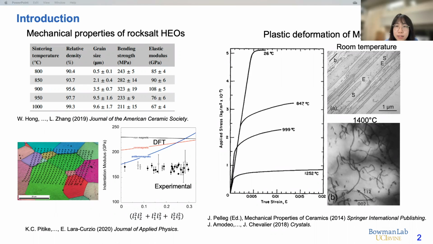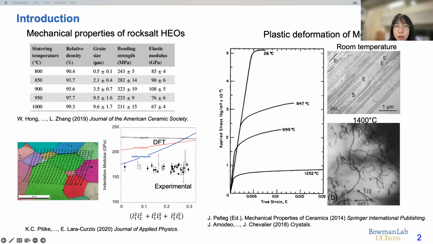The dislocations in MgO can be generated by plastic deformation, and the energetics and morphologies of the dislocations, as you can see in these TEM micrographs, are highly dependent on the deformation temperature.